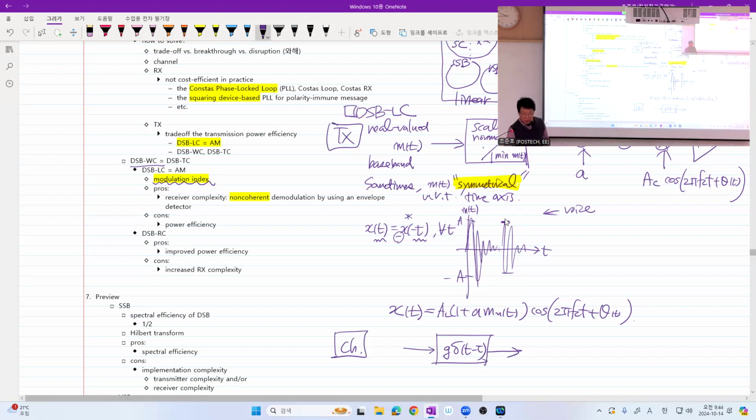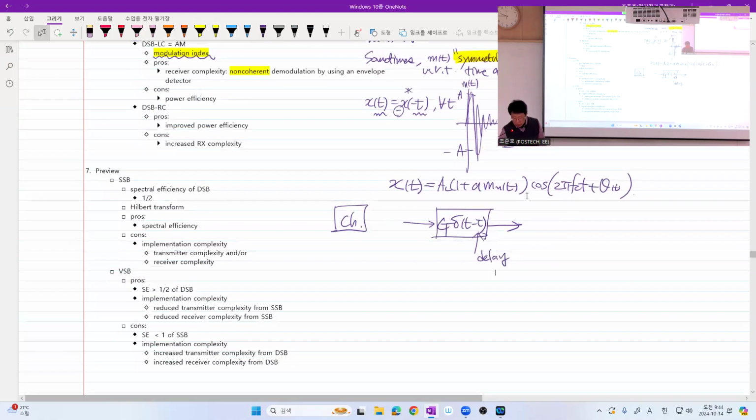Probably I use the capital G. It doesn't matter, but anyway. And we have some delay. This is very typical in free space, right? Even though you have a radio wave propagating through the channel, at the receiver, we again will convert the radio wave to a radio frequency signal.